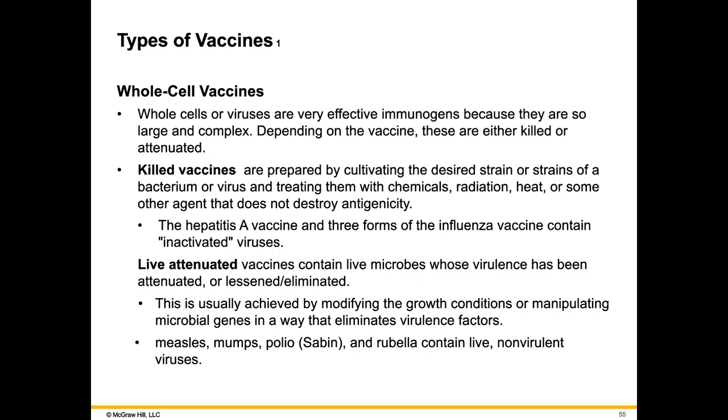So that's typically done by growing the microbe of interest in conditions that it's not used to, which will cause it to mutate, and eventually it will eliminate some of the virulence factors. And some examples of vaccines that have been used with this method are the MMR, the measles, mumps, rubella vaccine, as well as the polio vaccine.